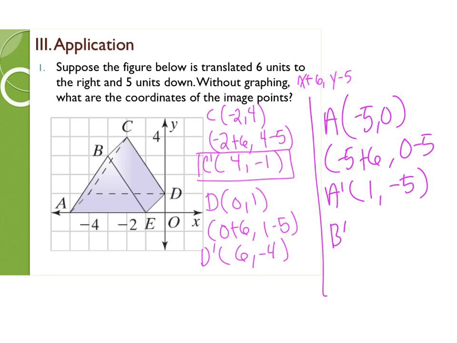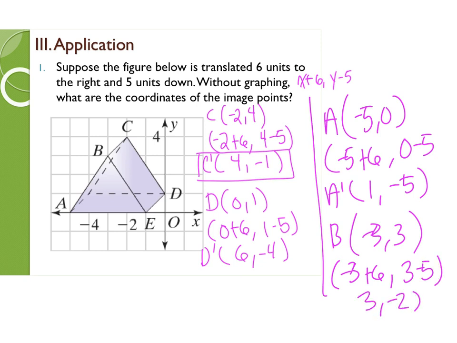And then B. Negative 3, 3. And we'll do negative 3 plus 6 and 3 minus 5. 3, negative 2 would be B prime.